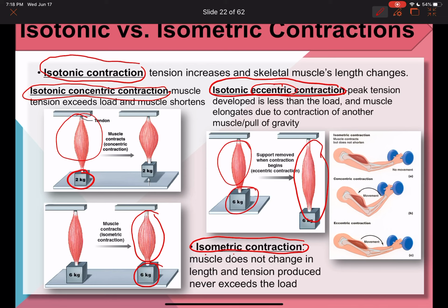So this is how, in a sense, we are working out our muscles by varying our degree of muscle tension generated when we're lifting and putting down a dumbbell like this when we work out. So this is what I'm talking about. Let's say now we're not changing our weight. We're all trying to lift up this 5-pound dumbbell, okay?